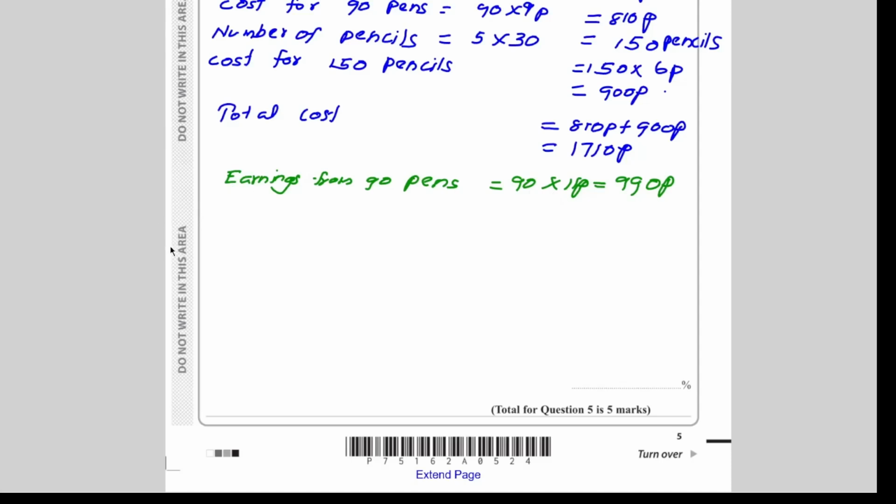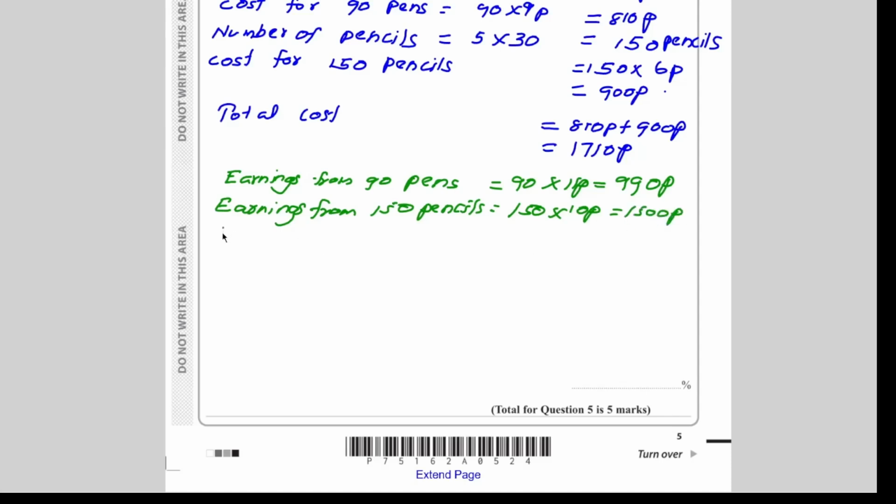And the next one is earnings from 150 pencils. 150 should be multiplied by 10 pence, because each pencil was sold for 10 pence. Then 150 multiplied by 10 pence is 1500 pence.